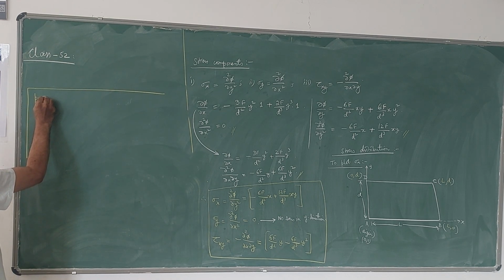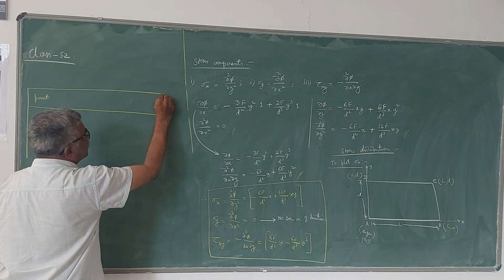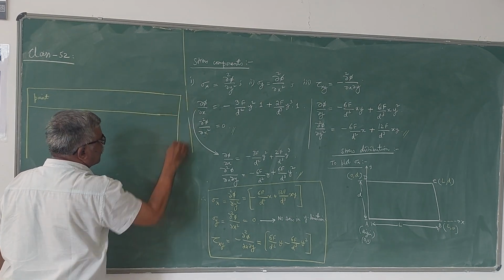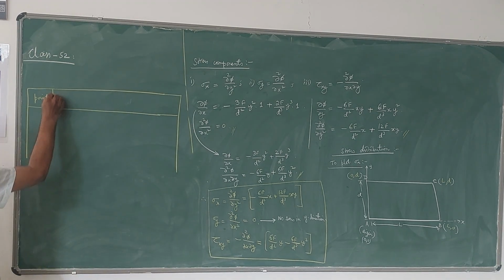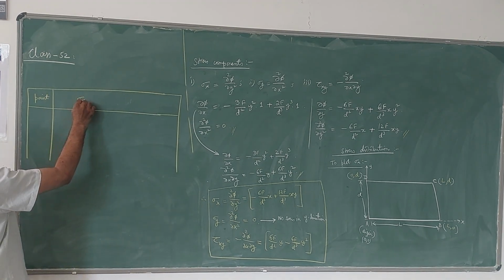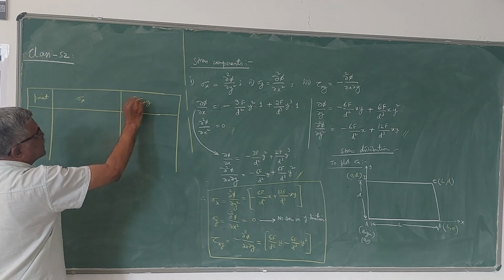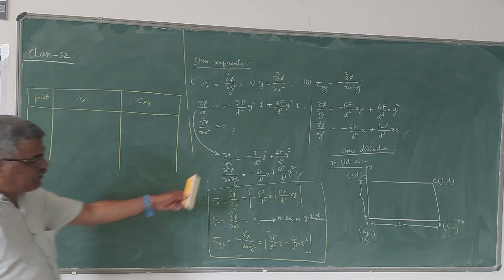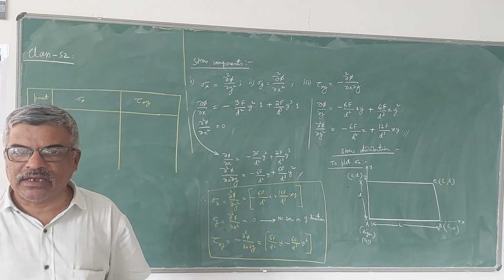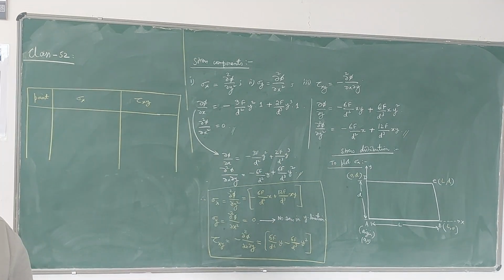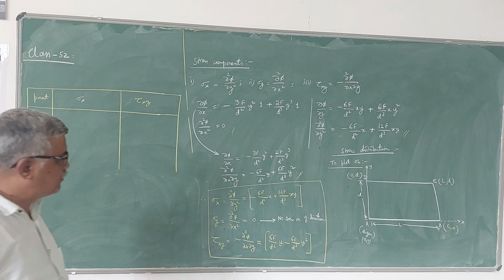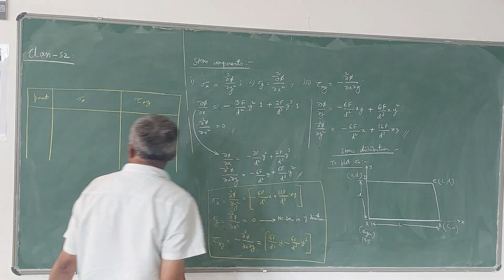Point, sigma x, tau xy. You need not write sigma y because at all the points on the element sigma y is 0. Only these two.